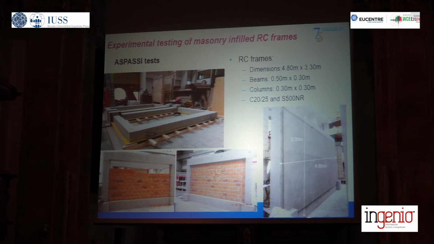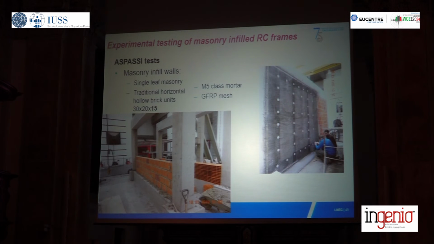So looking at another test campaign which was done with a national research project, we were again looking at this issue with different dimensions of the reinforced concrete frame and of the infill, and looking at a GFRP mesh reinforcement in the coating of the infill.